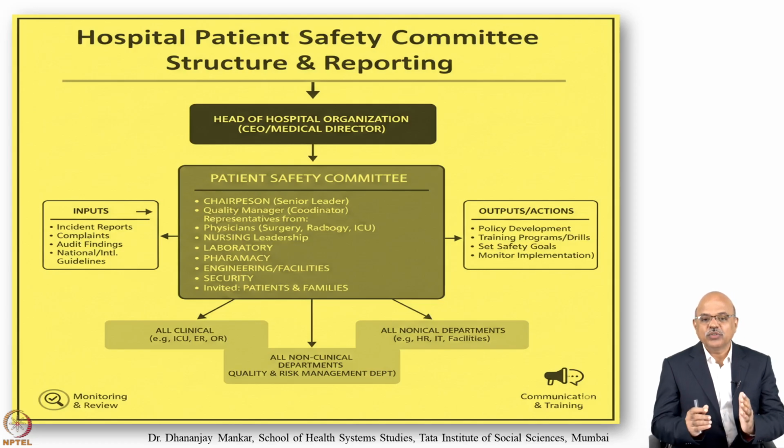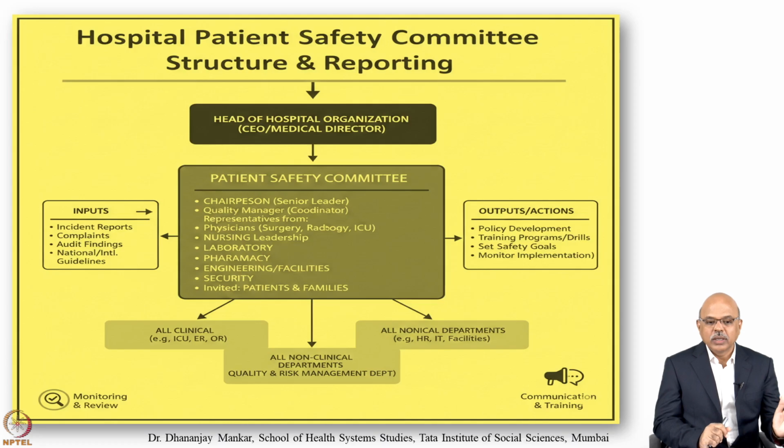What can be the inputs and what can be the outputs? The inputs can be incident reports, the complaints which are received, audits, and national and international guidelines. The outcomes or outputs can be policy development, training programs, drills, setting safety goals, monitoring implementation, and working on all the pending issues.